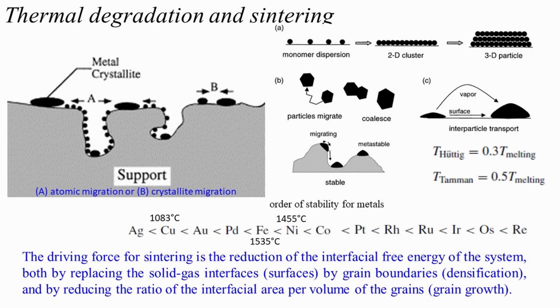Crystallite migration involves the migration of entire crystallites over the support surface, followed by collisions and coalescence. Atomic migration involves detachment of metal atoms from the crystallites, migration of those atoms over the support surface, and ultimately capture by larger crystallites.